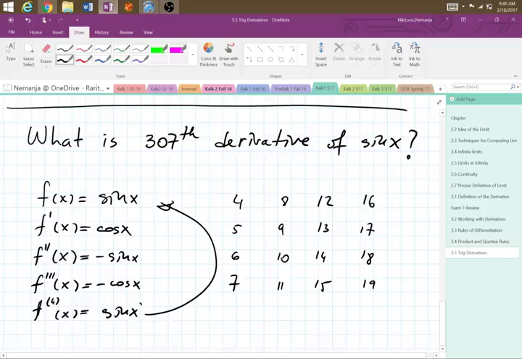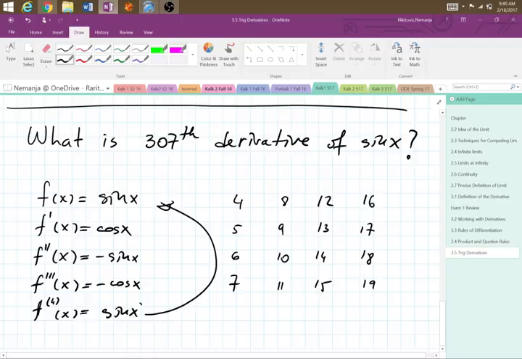You are one shy of being divisible by 4. You're technically dividing only 7, because 300 is evenly divisible. So this is your 304th derivative. Anytime you have an evenly divisible by 4, you go back to original sine. So 304, 5, 6, 7. 307, right there.